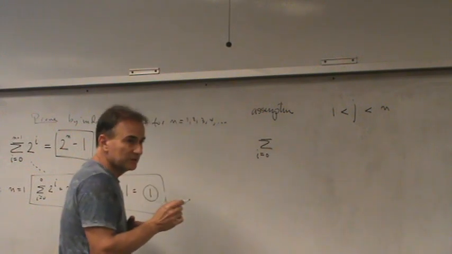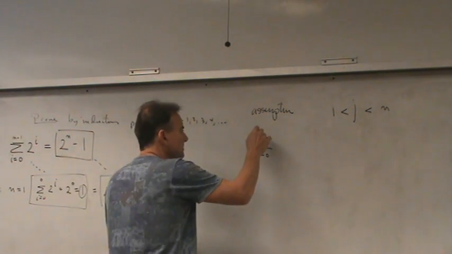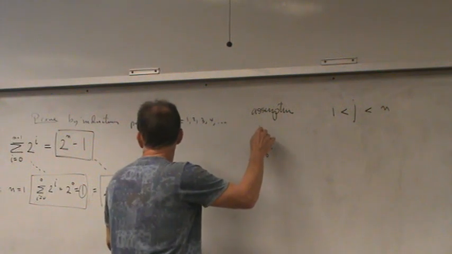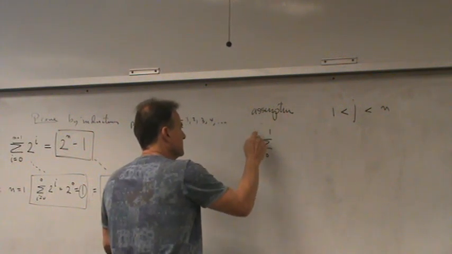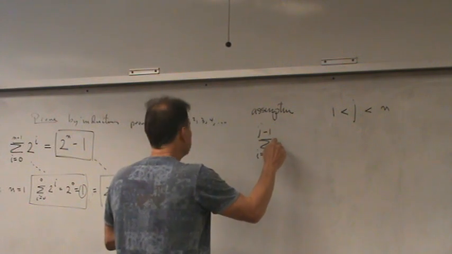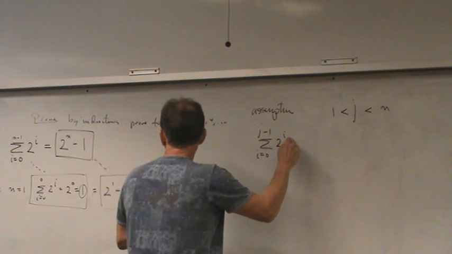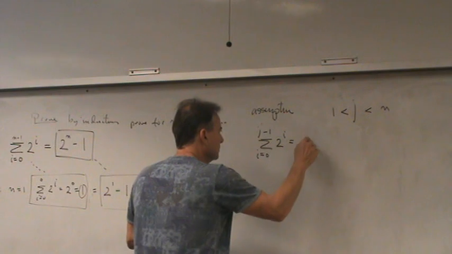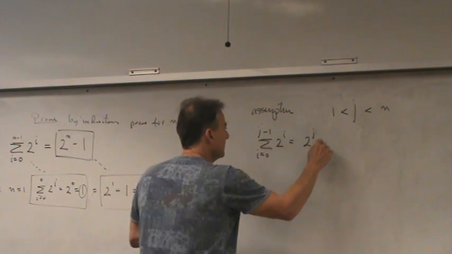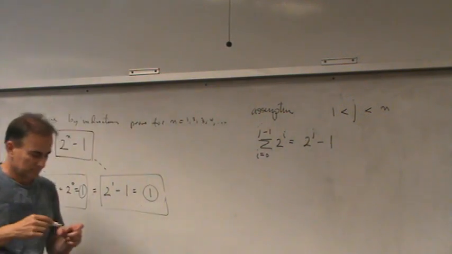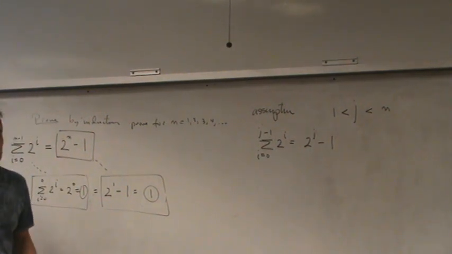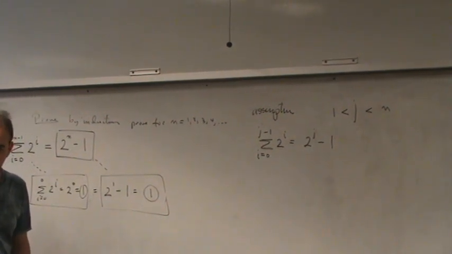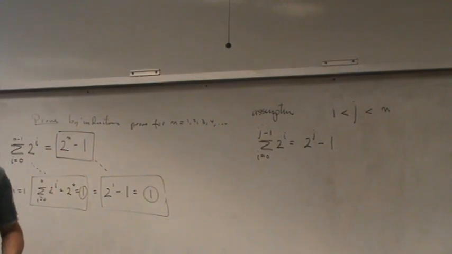We'll replace n: 0 to J minus 1 of 2 to the I will equal 2 to the J minus 1. So all we really do is replace n with J. The assumption is not complicated.